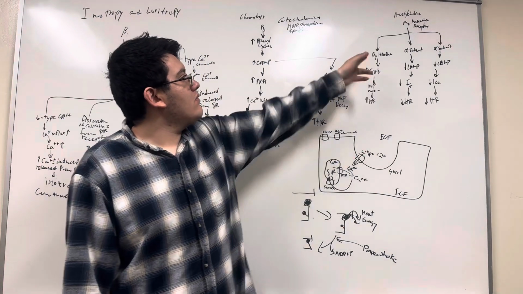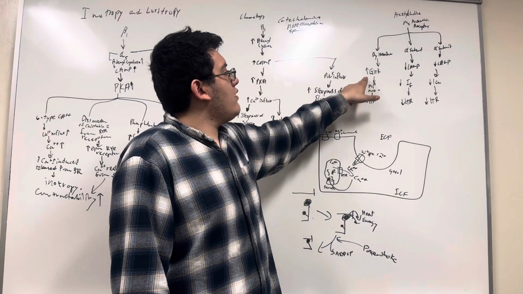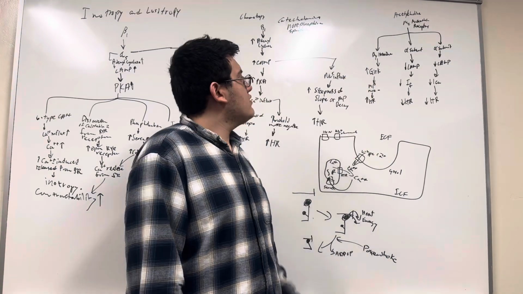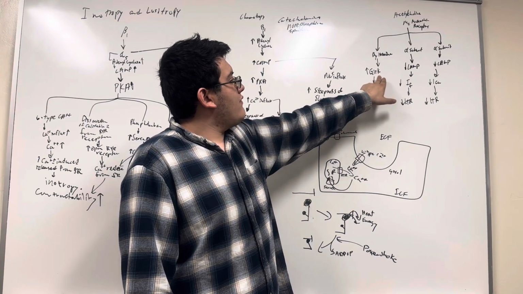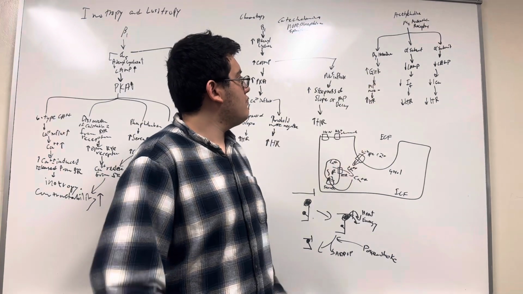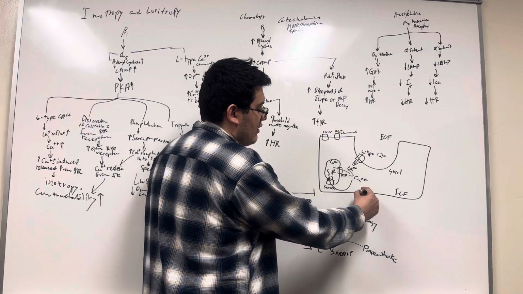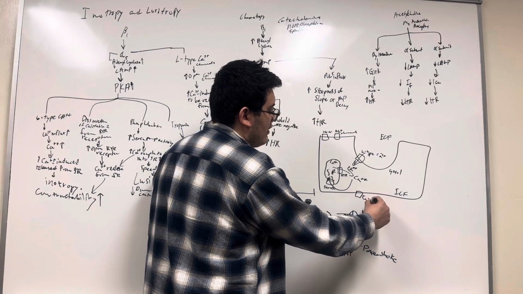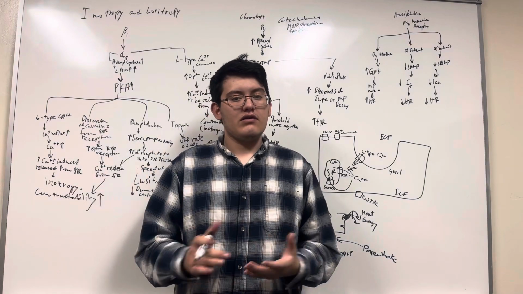When they're bound to the muscarinic receptors, the M2, this causes GIRK, or G protein-gated inwardly rectifying potassium channels, which you can find around here. They're channels that rectify the potassium, as it's said. That's what the K stands for.